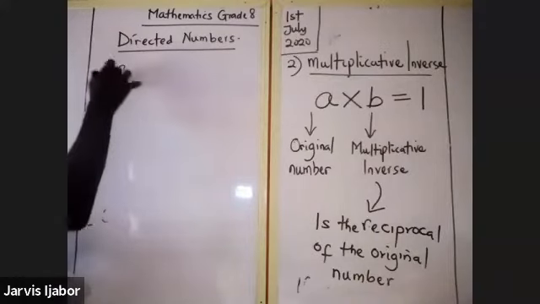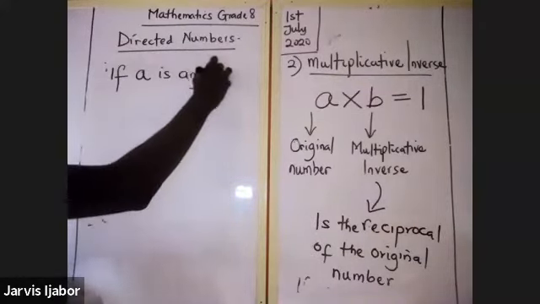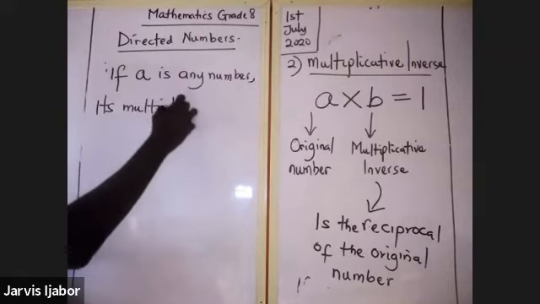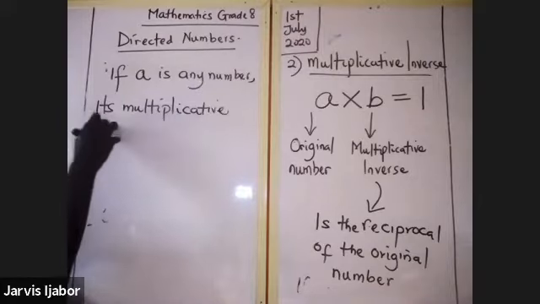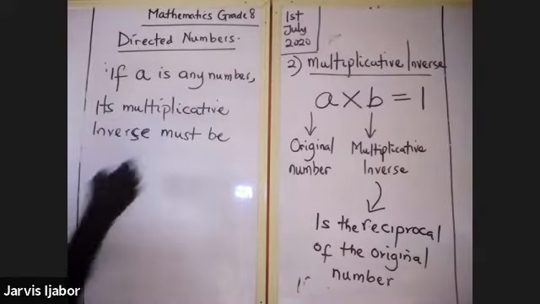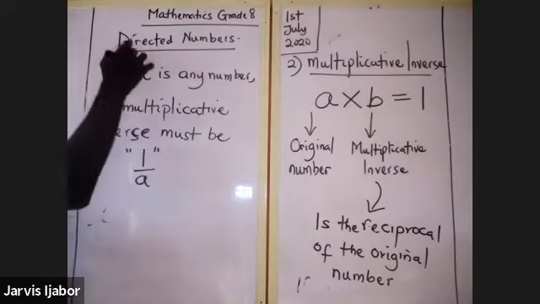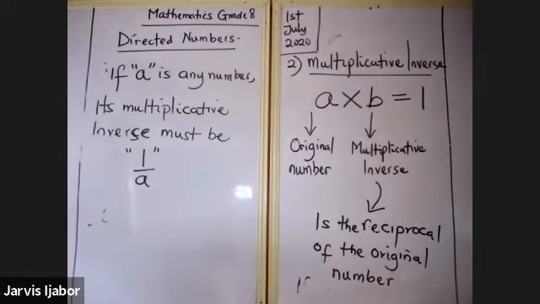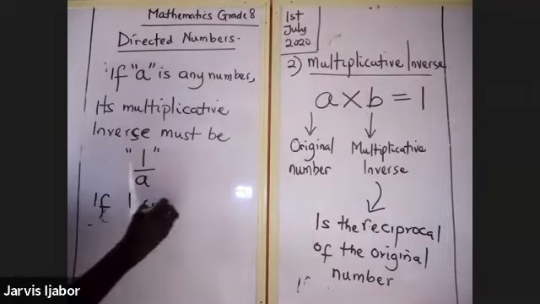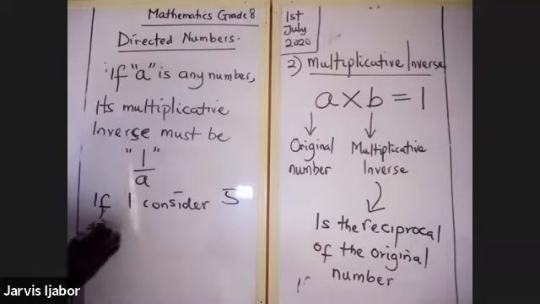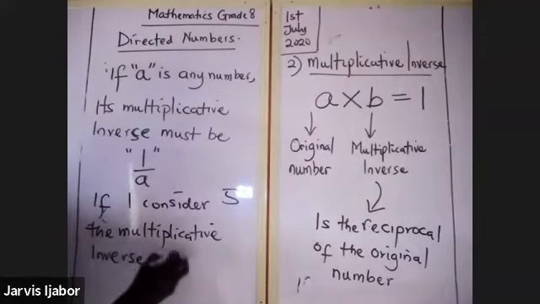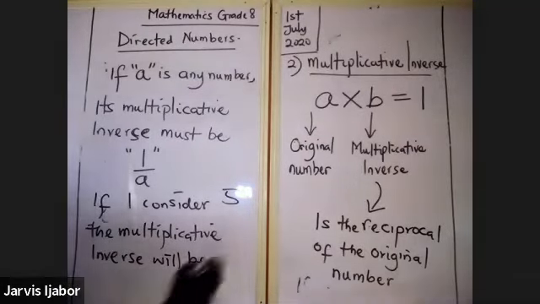So if A is any number, its multiplicative inverse must be 1 over A. So if A is any number, its multiplicative inverse will be what? 1 over A. So if I consider 5, the multiplicative inverse will be 1 over 5.